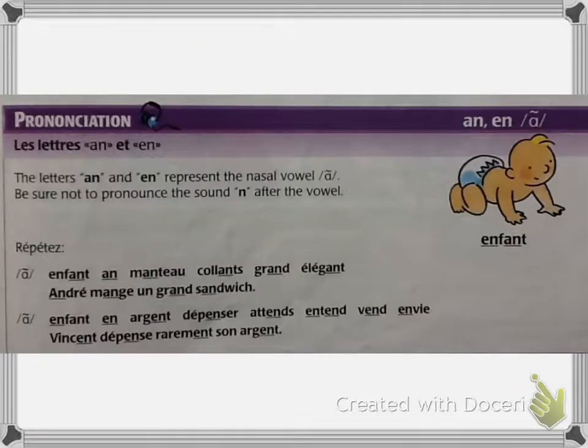Right, the pronunciation: les lettres A-N, A-E-N. The letters A-N and E-N represent the nasal vowel. Be sure not to pronounce the sound N after the vowel.